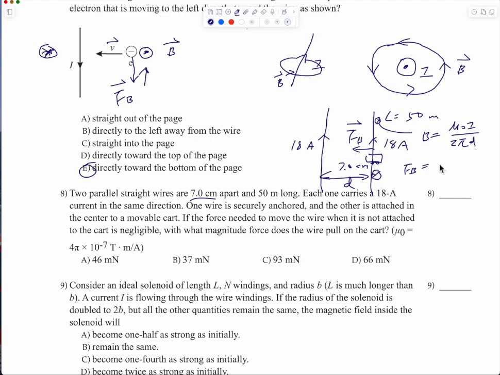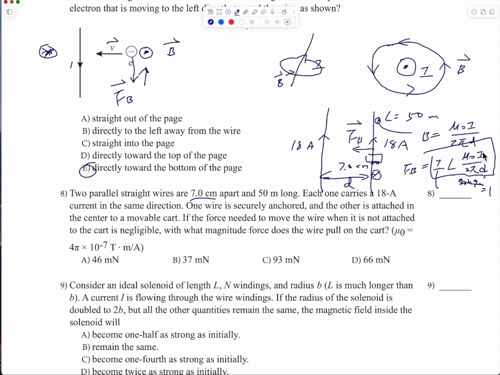F_B equals current times length times the magnetic field, B sine of the angle. The current and the magnetic field are perpendicular to each other, so sine 90 is 1. So that would be the answer. You just put in everything.